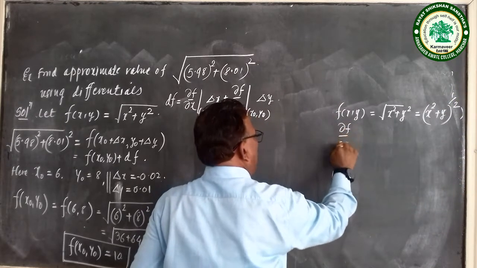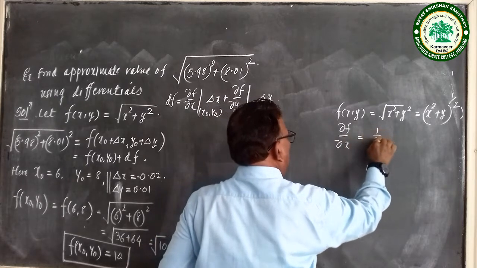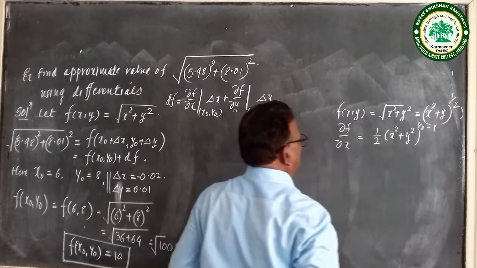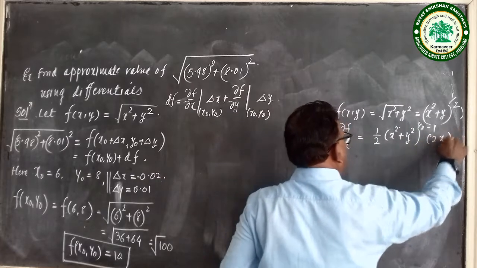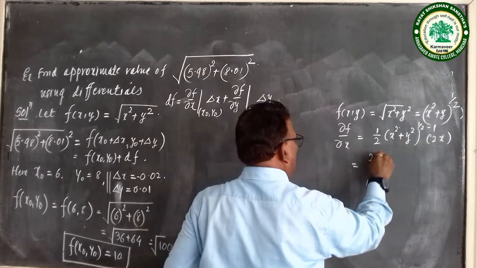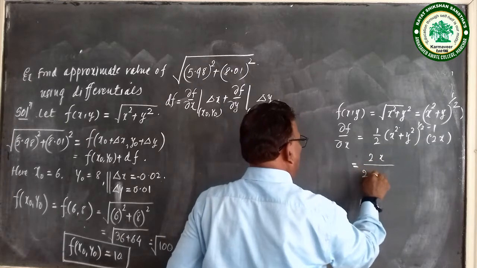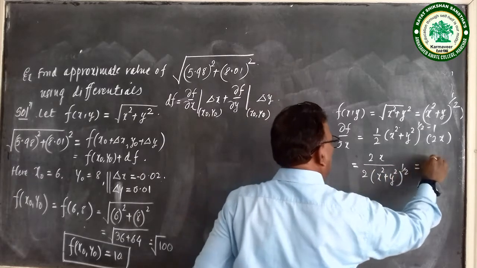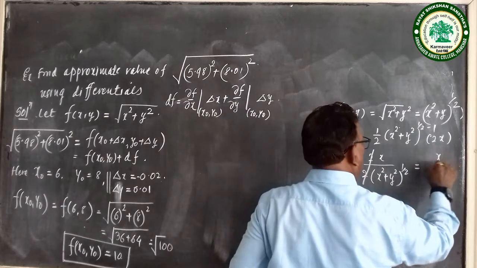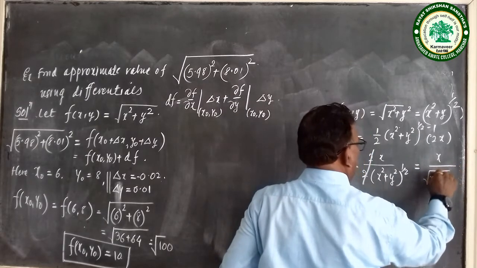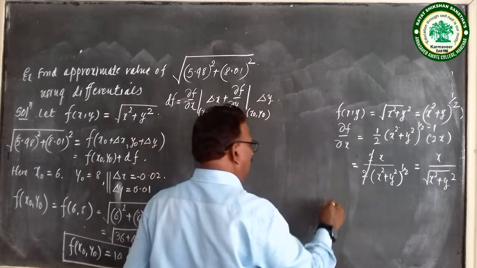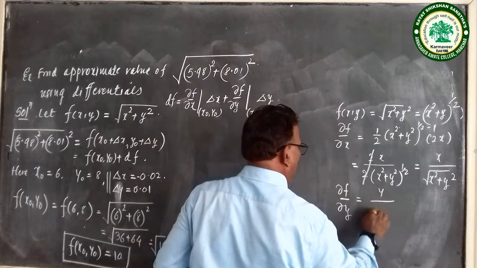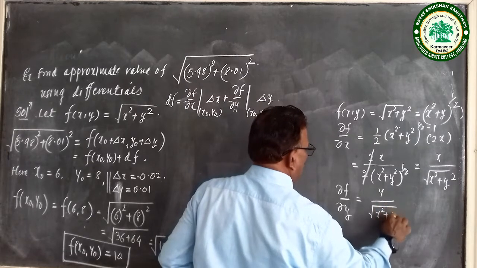Differentiating f with respect to x, we get 1/2 (x² + y²) raised to 1/2 minus 1 into the derivative of x², that is 2x, which is equal to 2x divided by 2 into root of x² + y². Finally the 2s get cancelled: x upon root of x² + y². Similarly, ∂f/∂y is equal to y upon root of x² + y².